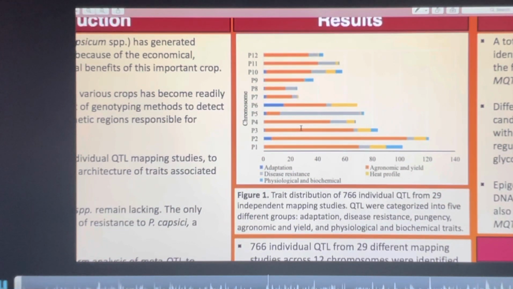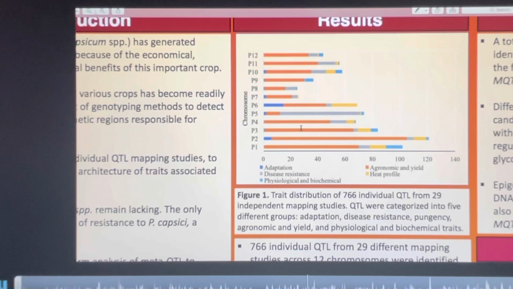We initially identified 766 individual QTL across 12 chromosomes. 90% of these reported QTL were identified using either recombinant inbred lines or F2 biparental mapping populations. We focused on studies which used single nucleotide polymorphisms, amplified fragment length polymorphisms, and simple sequence repeats for marker types.